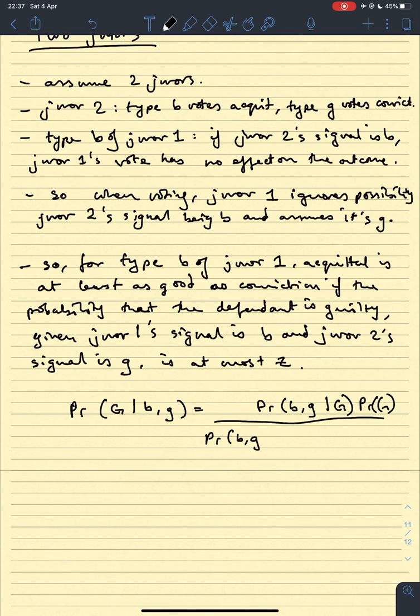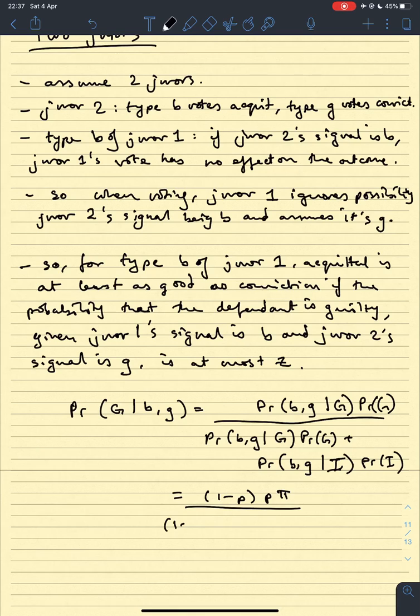So BG times probability guilty plus probability BG, given that he's innocent, multiplied by the probability of innocence. And that is equal to (1 minus P) multiplied by P times pi, divided by (1 minus P) multiplied by P times pi, plus Q times (1 minus Q) times (1 minus pi).